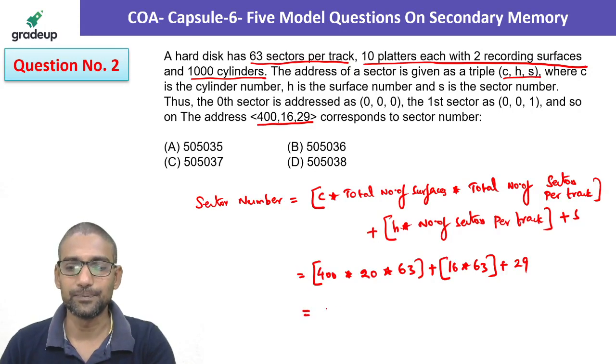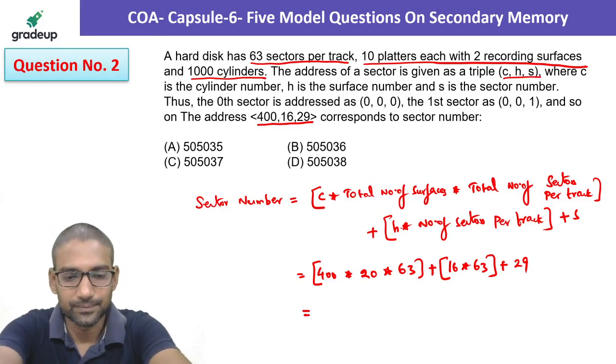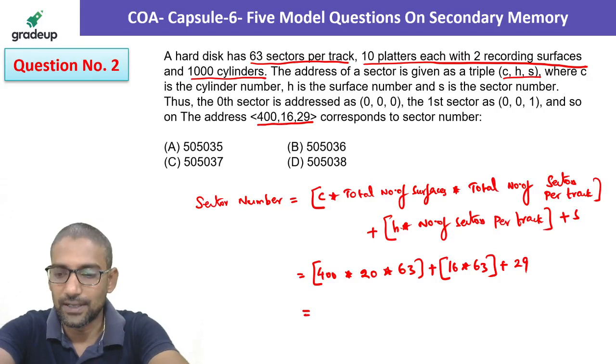This would be, you can use a calculator, 400 into 20 into 63.